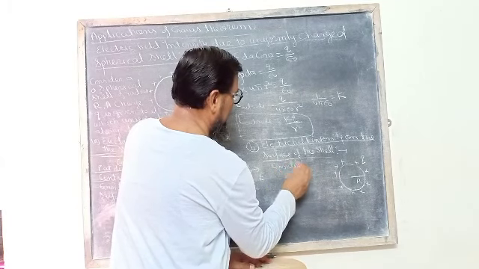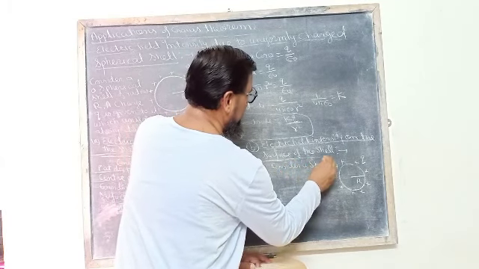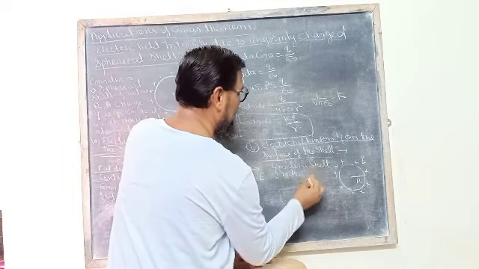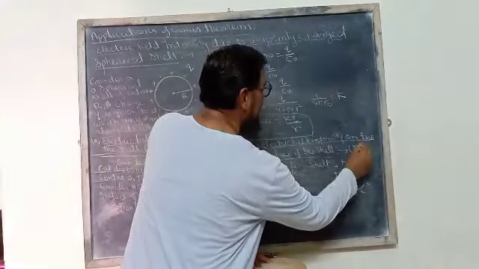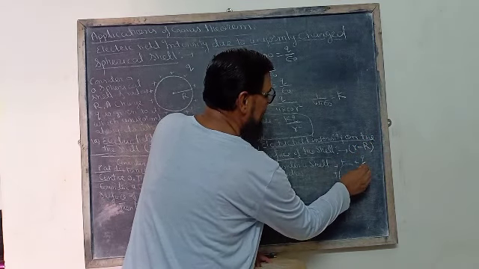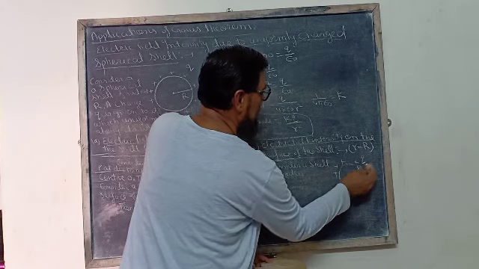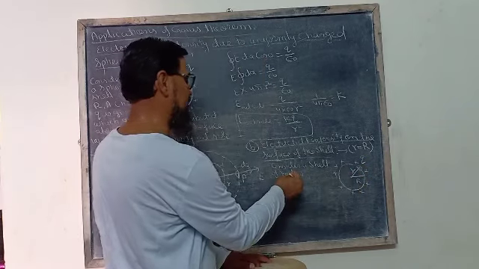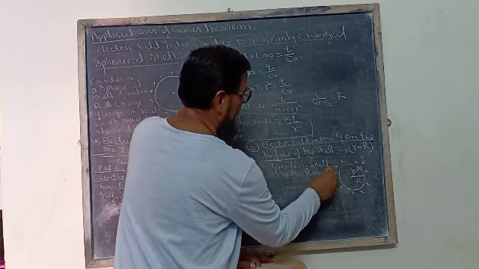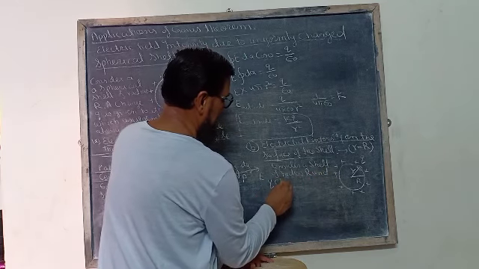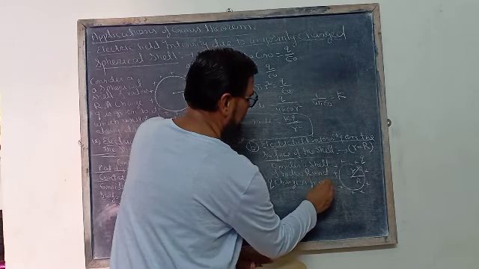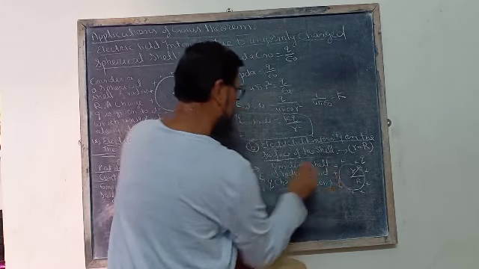Consider a shell of radius r. Hence, in this case, small r is equal to capital R, and point P is considered on the surface of the shell. Consider a shell of radius r, and charge q is given to it.